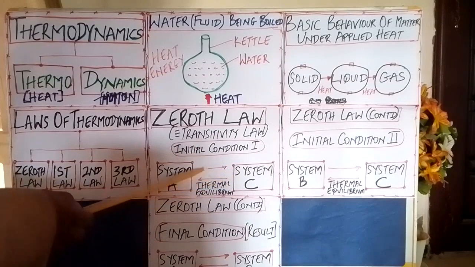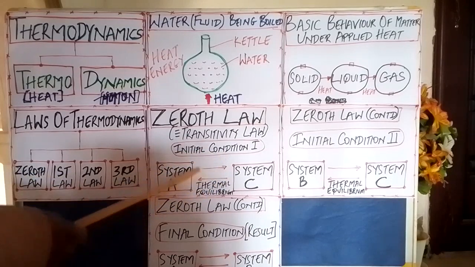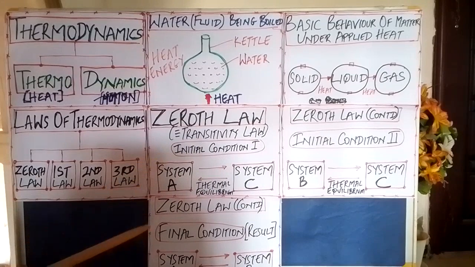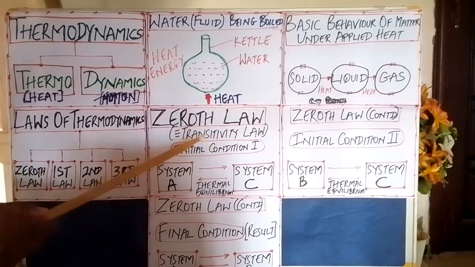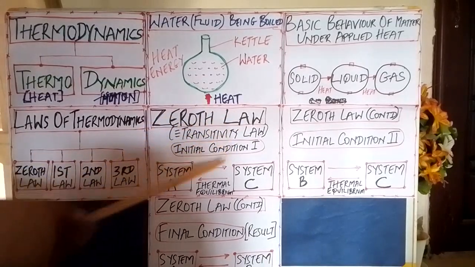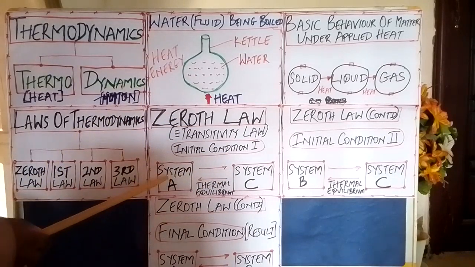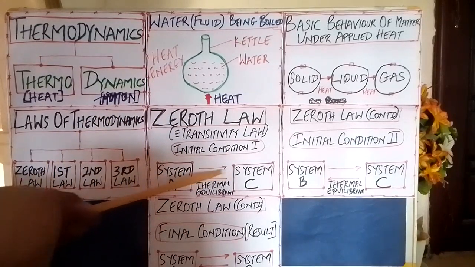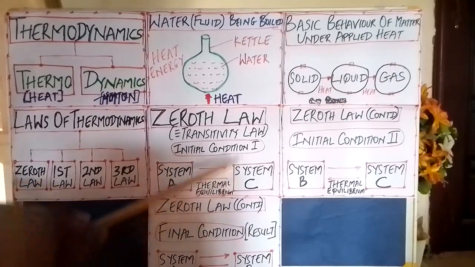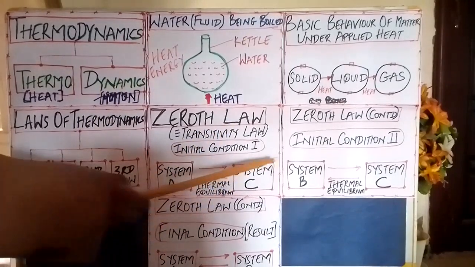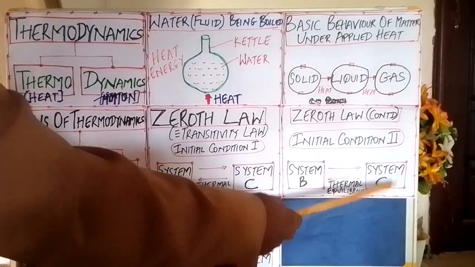When you talk about equilibrium generally, you are talking of a system or systems that are at rest, so to say. So Zeroth law indirectly deals with systems that you can refer to as being at rest in their zeroth state. So you have system A that is in thermal equilibrium with system C. Then you also have system B in thermal equilibrium with system C.